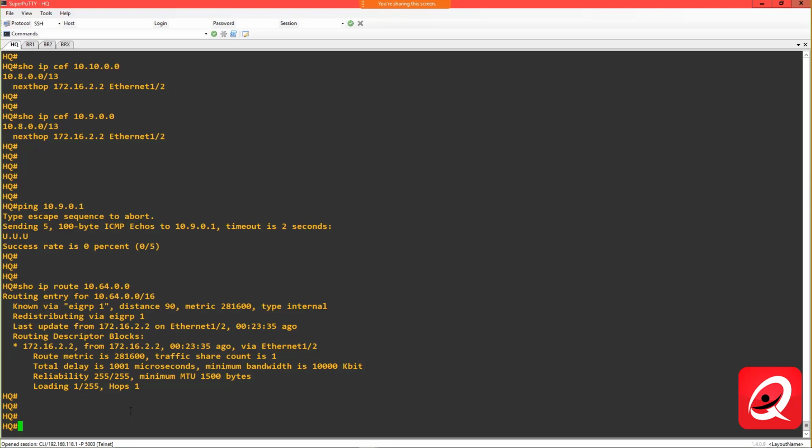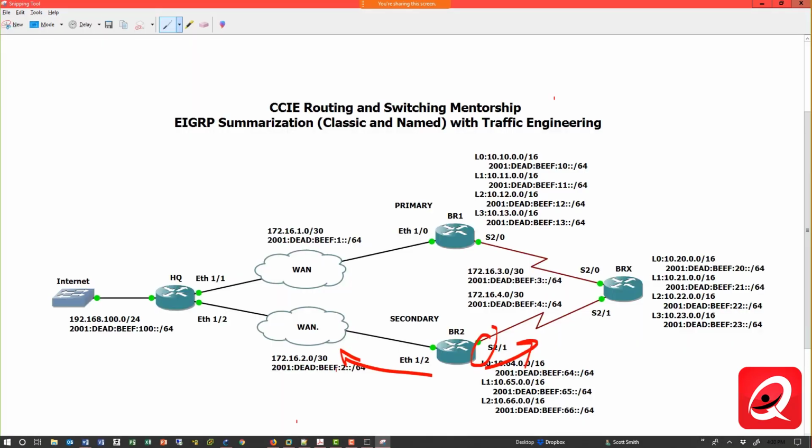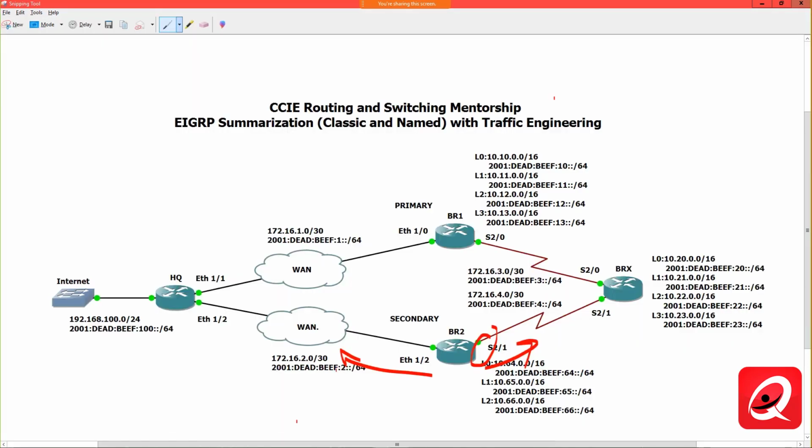I'm still getting a /16 prefix for 64 and 65 and 66 coming from Ethernet 1.2, so the summary didn't take effect.